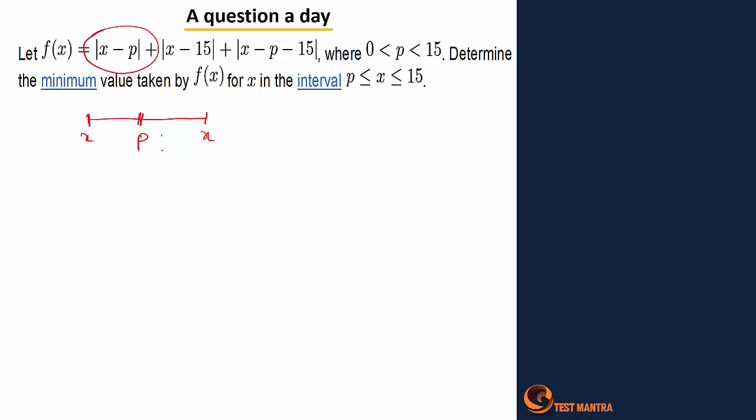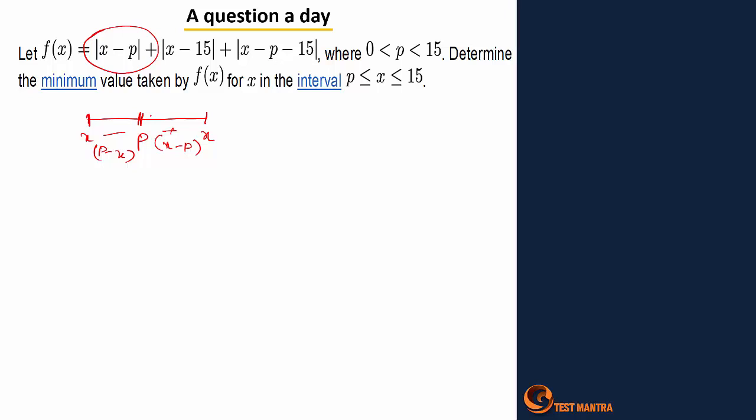So this gap is basically x minus p, and this gap is p minus x. In terms of modulus, I can represent this as a negative value and this as a positive value, but my distance between these 2 points will remain the same, right? So modulus of x minus p always represents the gap between the 2 points x and p. So I have to utilize this information itself.